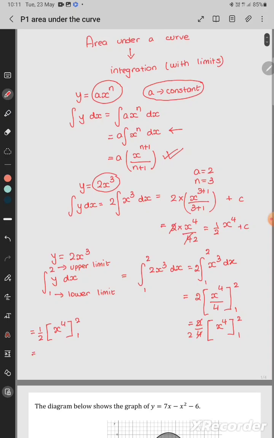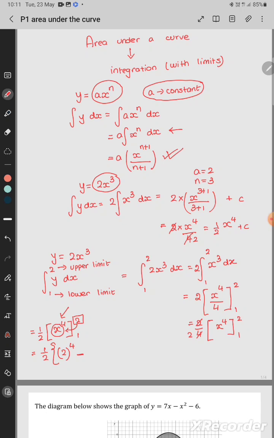So the next step is simple. You just have to substitute the limits in place of the variable. First I have to put the upper limit in place of x. So half bracket 2, which is the upper limit, raised to the power of 4 because we have x to the power of 4.